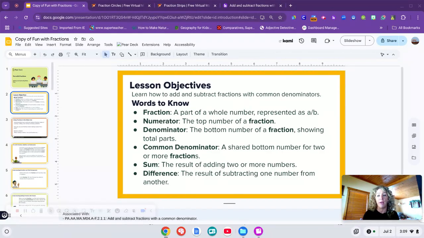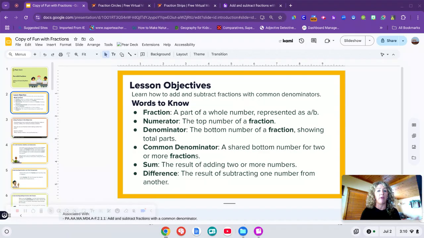Remember, I always talk about that denominator down means it's down below the line, and that denominator shows the total parts. Our common denominator is a shared number, bottom number, of two or more fractions. The sum, now let's think about this.